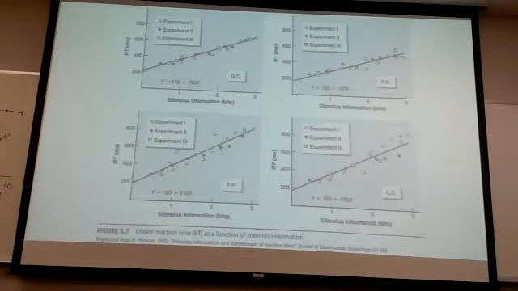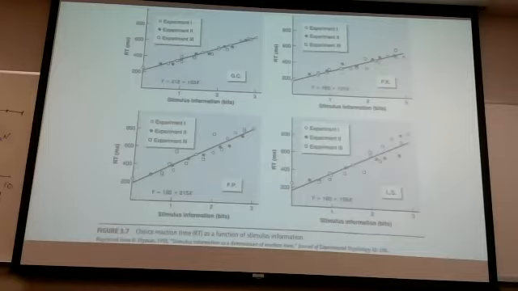But when we transform the axis, as has been done here, and plot log to the base 2 of the number of stimulus response alternatives, we then see these straight lines. And as scientists, we like straight lines because, one, we know mathematically how to write the equation of a straight line, y equals mx plus b, and we can solve for those variables or put in axis labels for them.